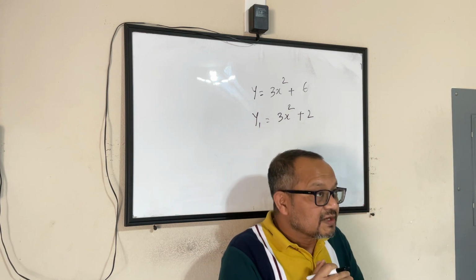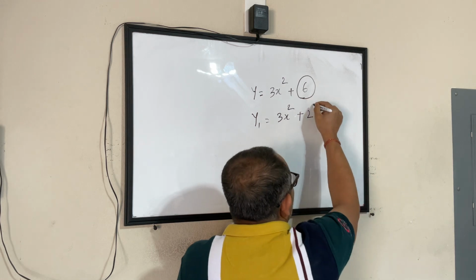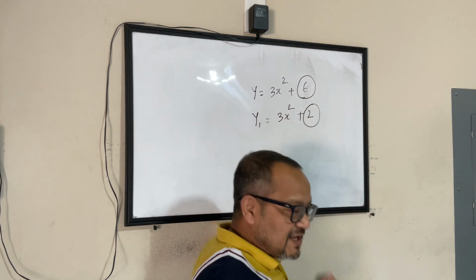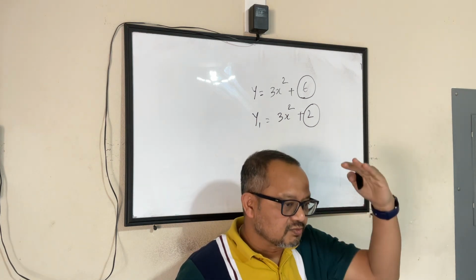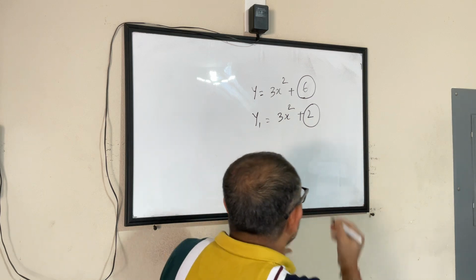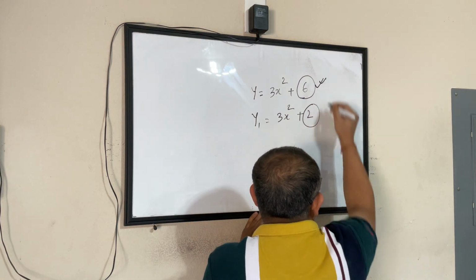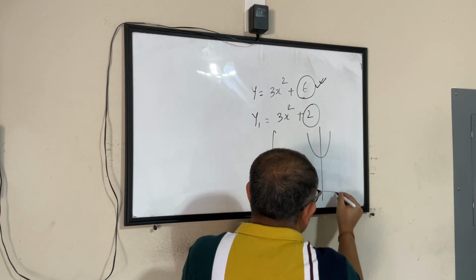Now, what did we see? That the C makes the upward or downward movement, correct? Meaning, if my value of C is higher, let's say my parabola is here, my coordinate plane is here, okay?